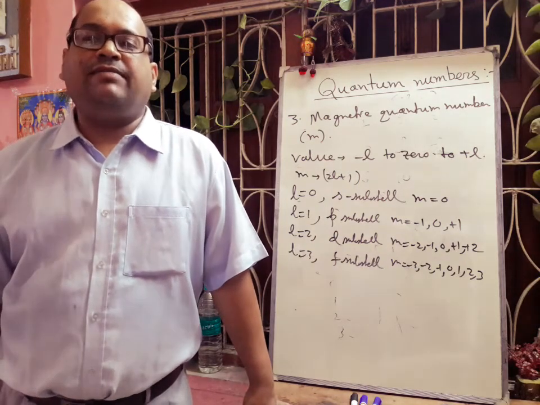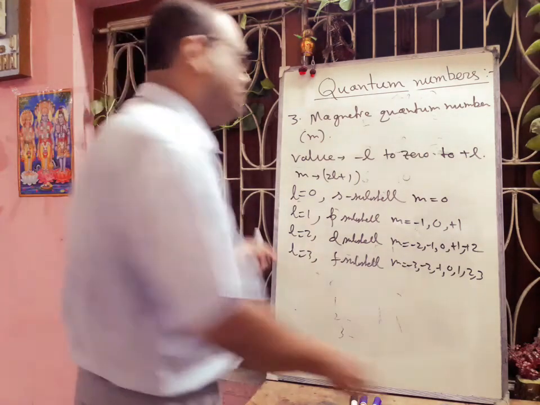Next we will discuss the maximum number of orbitals in a shell. That will be n square.